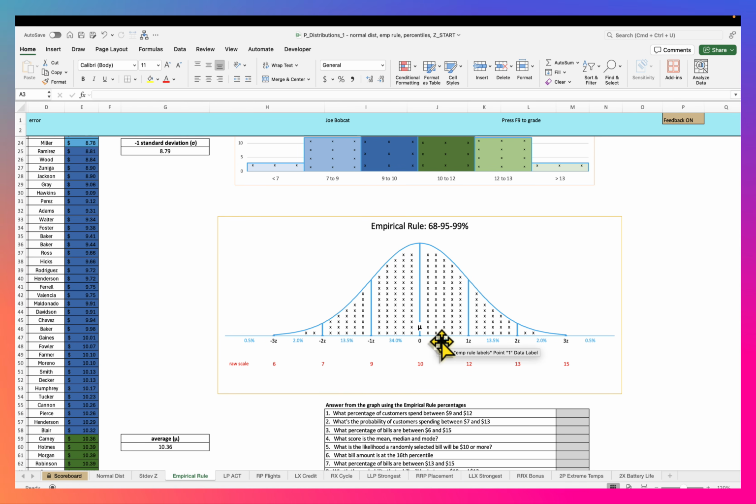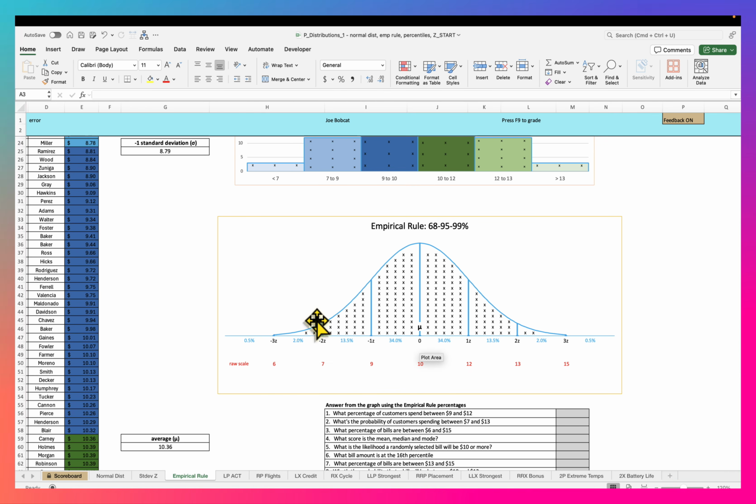So how can we get up to 95? That's 68. The difference between 68 and 95 is 27. Divide 27 by 2, that means 13.5% sitting over here, 13.5% sitting over here. And within 3 standard deviations, you should have 99% of your values. So between 99 and 95 is 4 that's missing. 4 divided by 2 is 2, so that means 2% over here, 2% over here.